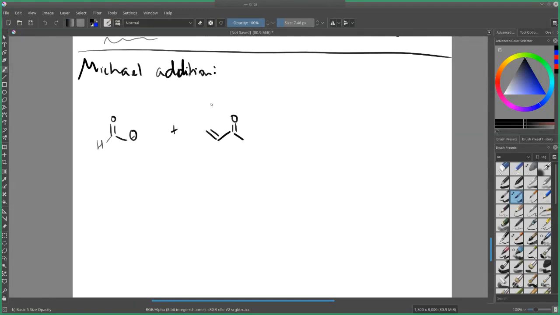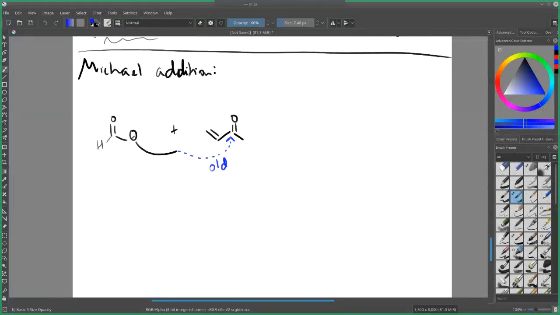this carbonyl. Okay. So normally what happens is we take the electrons and they usually go over here. Okay. So this is what we've seen before.